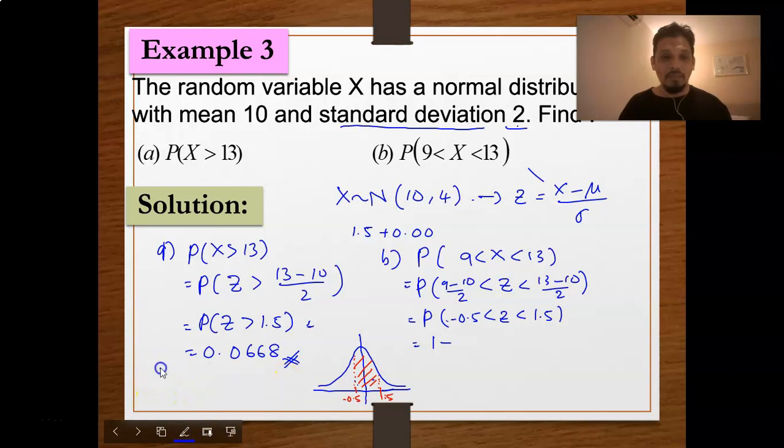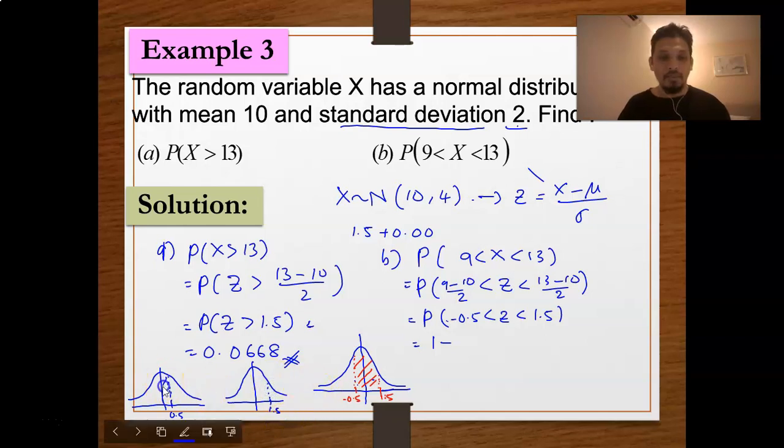The first one is for 0.5, and another one here is 1.5.